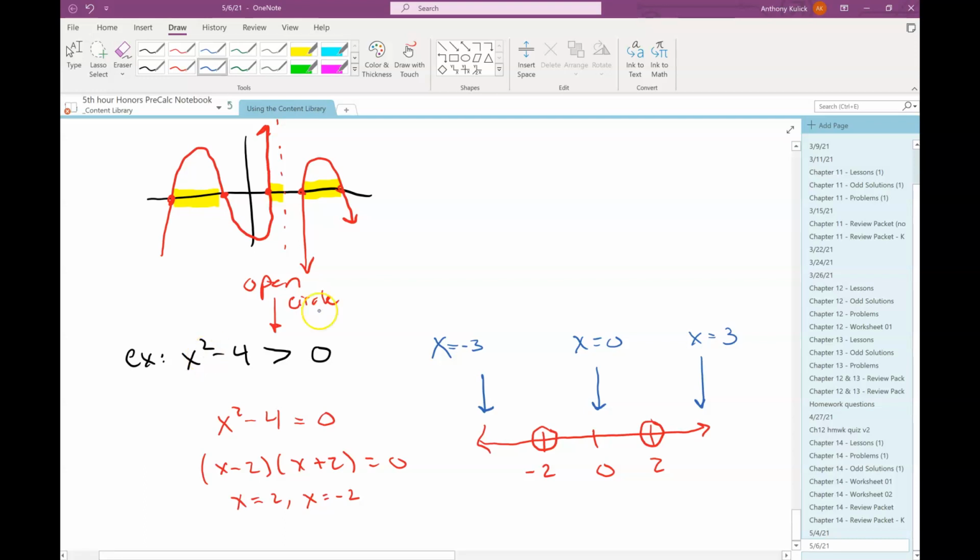So if I plug in negative 3, I get 5. If I plug in 0, I get negative 4. And if I plug in positive 3, I get 5. So the places that are greater than 0, which is what we're interested in, are this section and this section. Does everybody kind of see that?